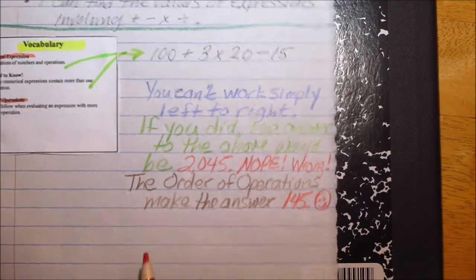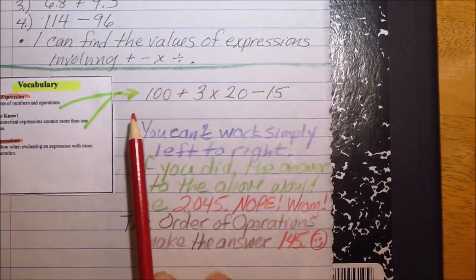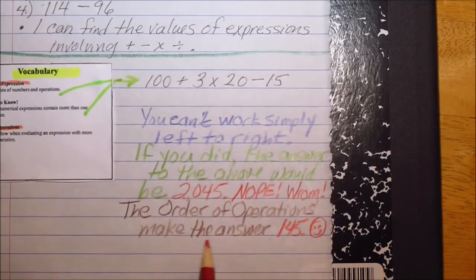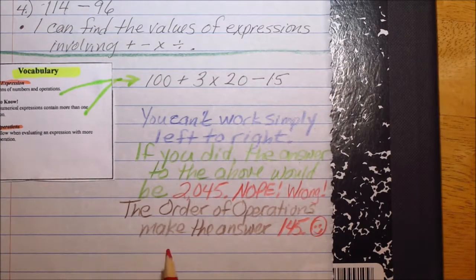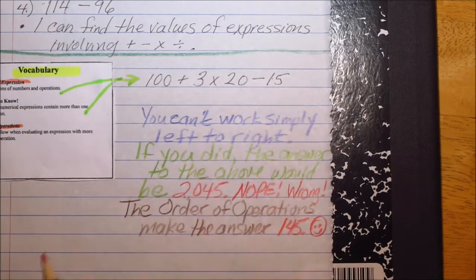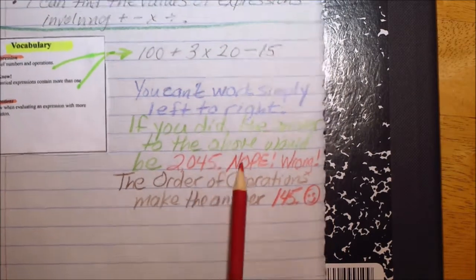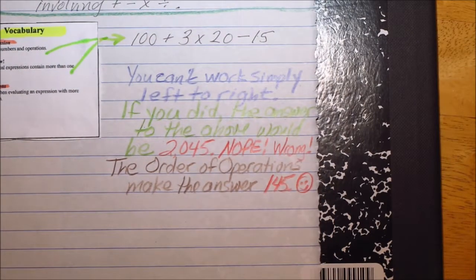So if you worked this exact same expression from left to right, you would get the answer 2045. But if you work this expression correctly using the order of operations, the correct answer is 145.